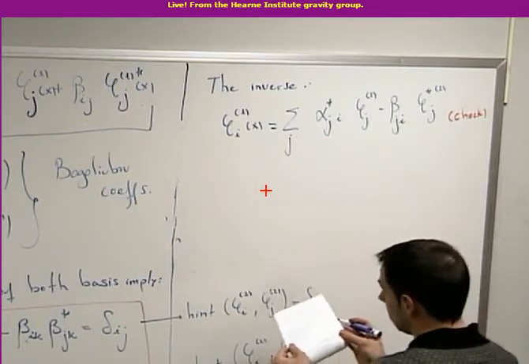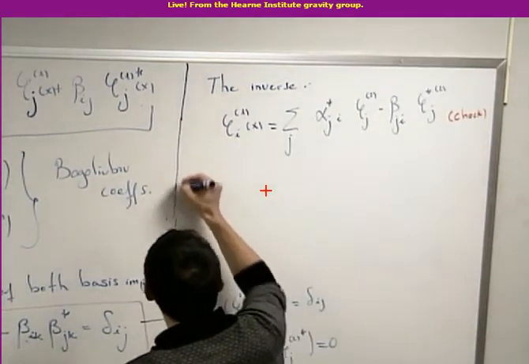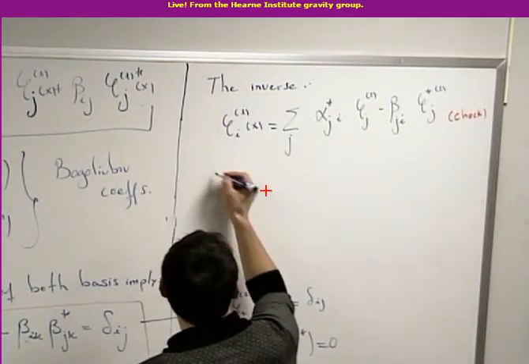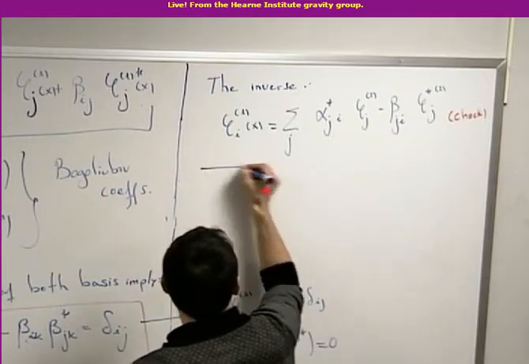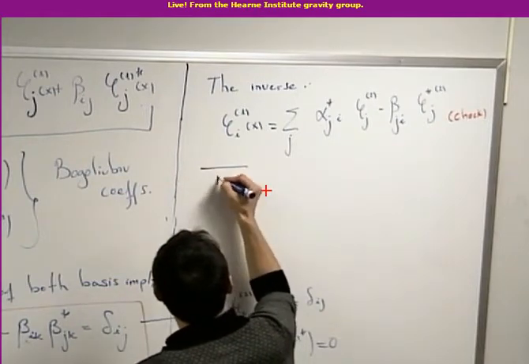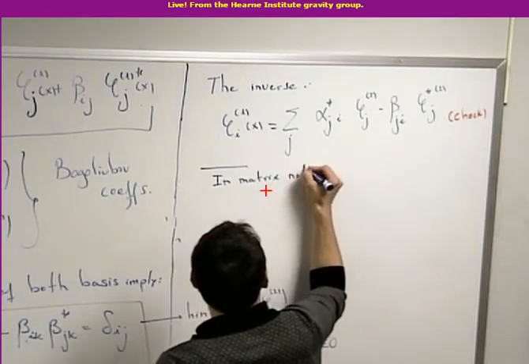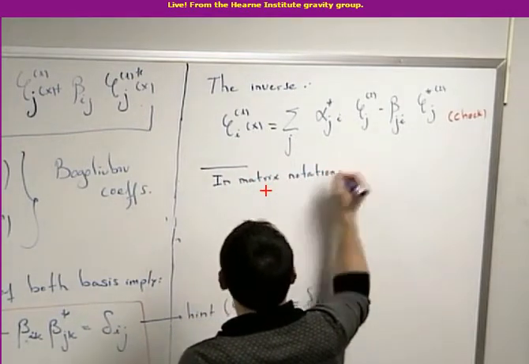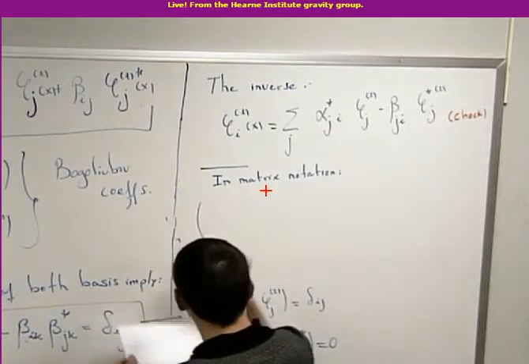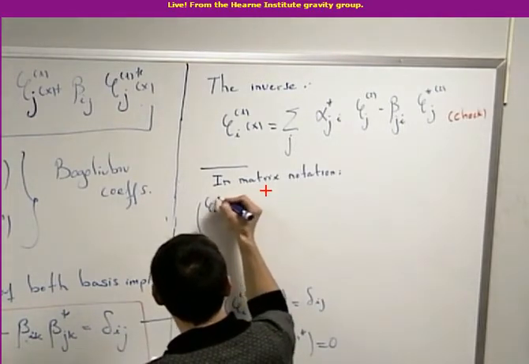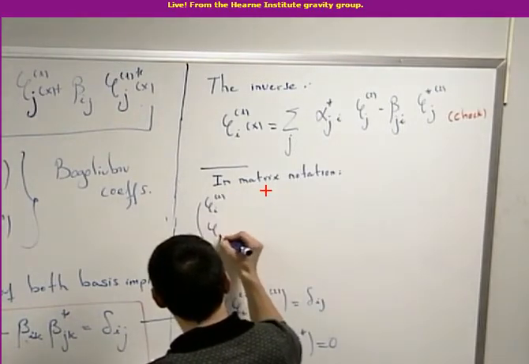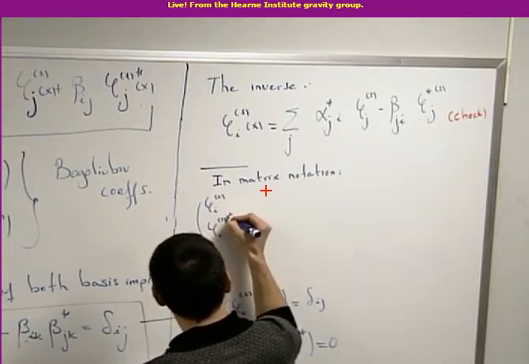If you want, a good way of remembering how it goes, just as a parenthetical remark, is to use this matrix notation. I like it just because I remember with it where the indices go. Phi 2 and phi 2 conjugated.